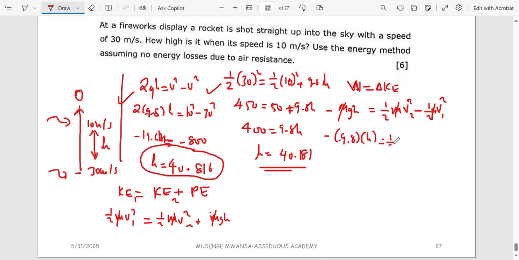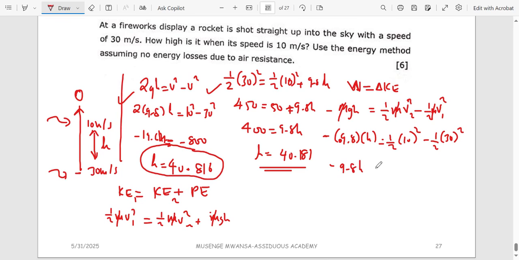That will be equal to half the velocity at the top, which is 10, minus half the velocity at the bottom, which is 30, squared. So here we'll neglect that g is negative because we already attached this negative in front of the formula.